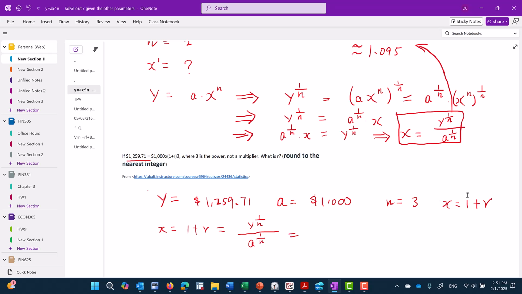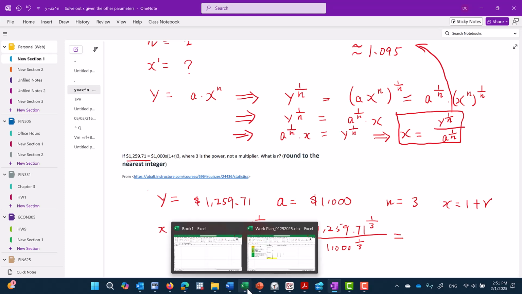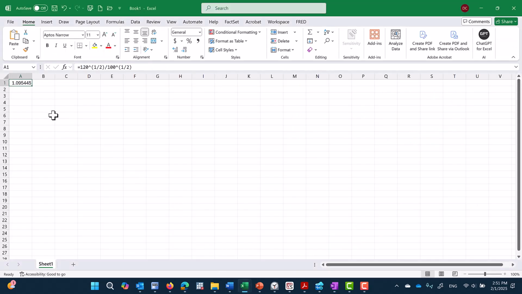So since y in this case equals 1,259.71 and n equals 3, this will be raised to the power of 1 over 3, and then a equals 1,000, and this will be raised to the power of 1/3. So eventually this will give me, we just go back to Excel and finish the calculation here.